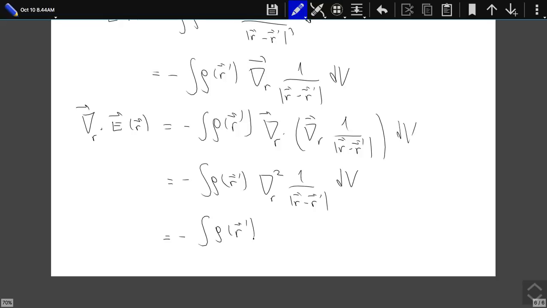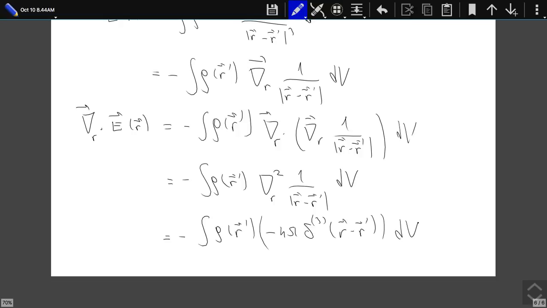And then we showed that it was, in fact, infinite at r equal to 0. In this case, it will be r equal to r prime. So it's a delta function. In fact, the Laplacian of 1 over |r minus r prime| was nothing but minus 4 pi, the three-dimensional Dirac delta of r minus r prime.